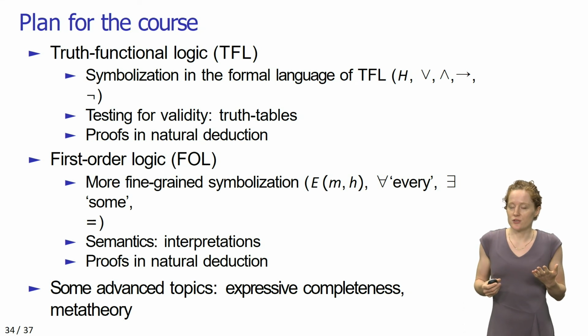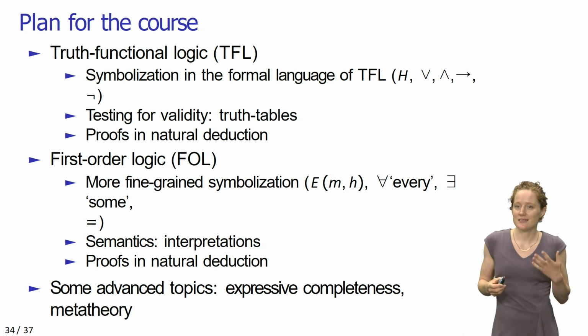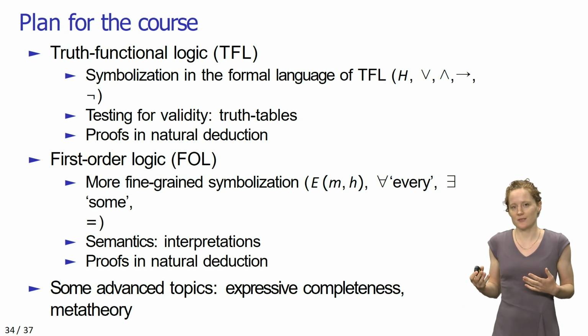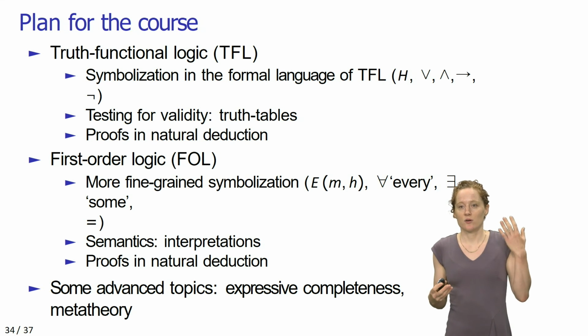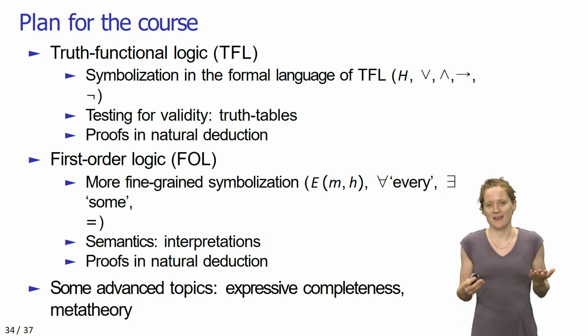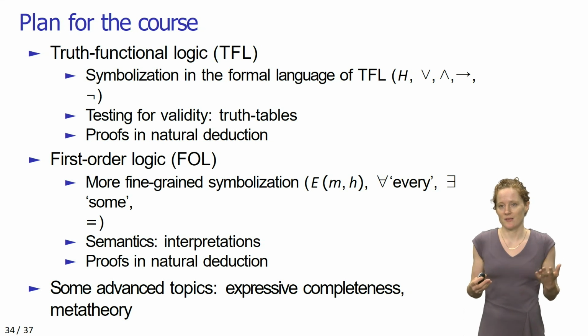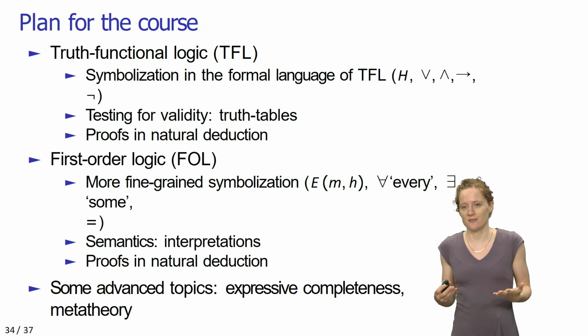And we are going to learn how to test TFL arguments for validity using truth tables. And we are going to learn how to construct proofs in a natural deduction proof system for arguments in TFL.